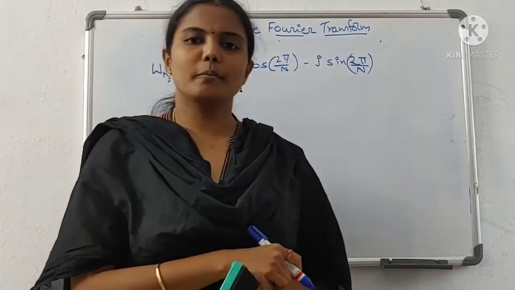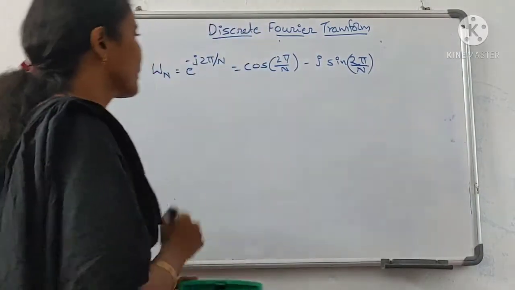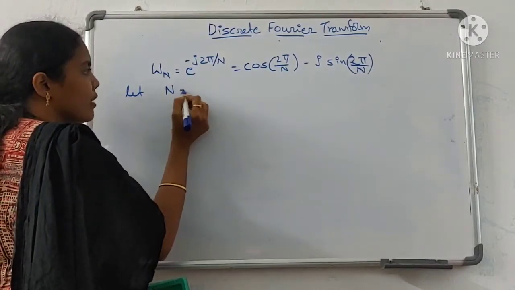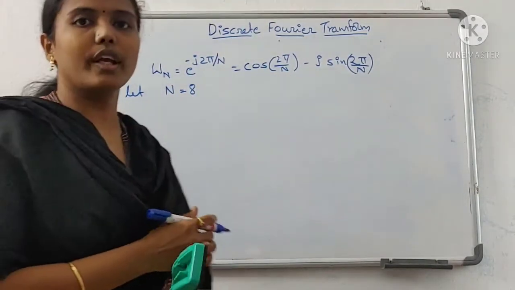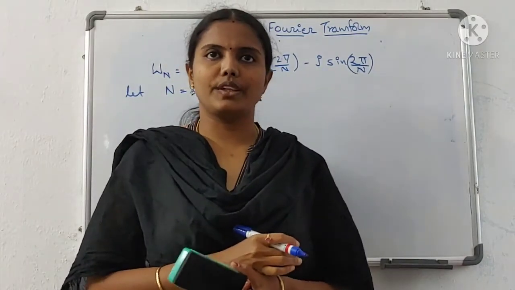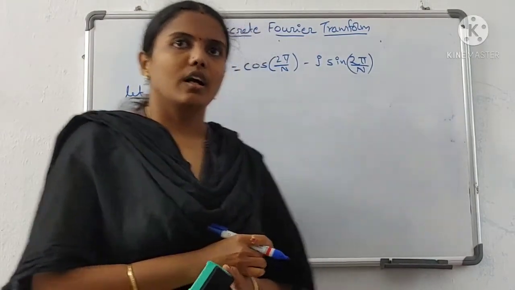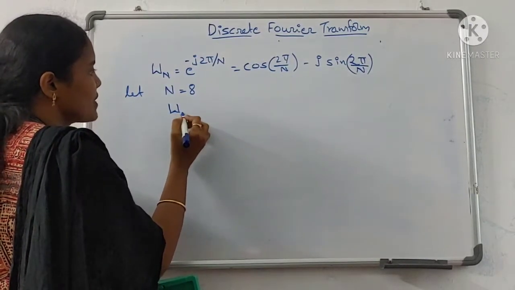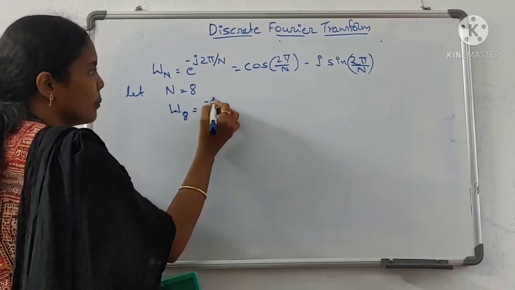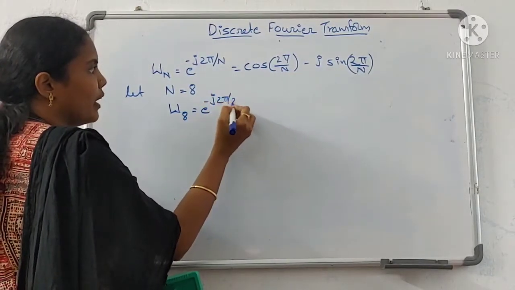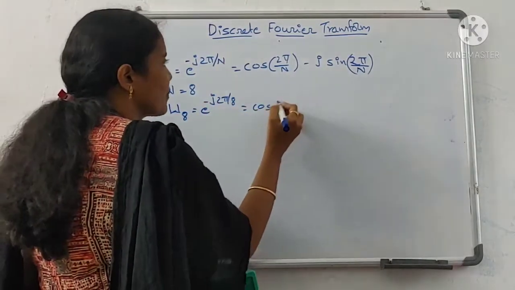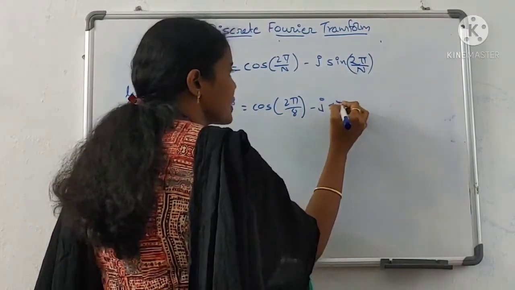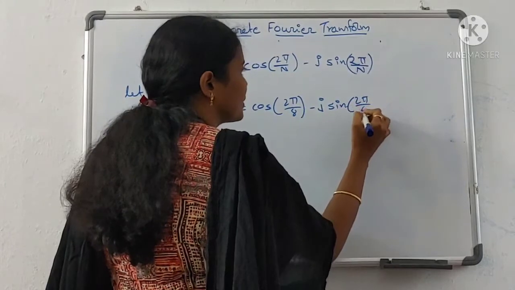For example, let capital N be equal to 8. For N is equal to 8, what is the Twiddle Factor? W suffix 8 is equal to e power minus j 2 pi by 8, which is equal to cos 2 pi by 8 minus j sine 2 pi by 8.